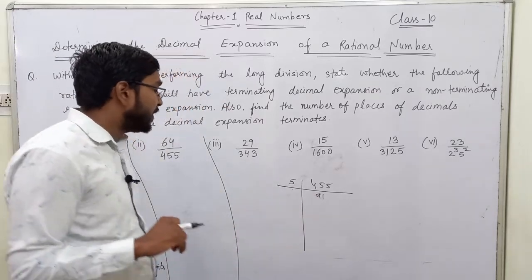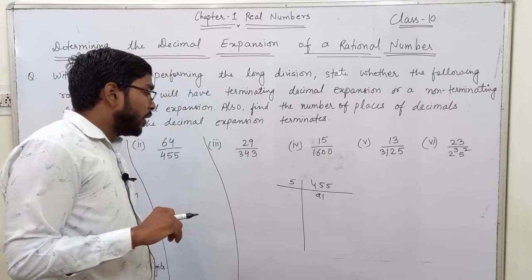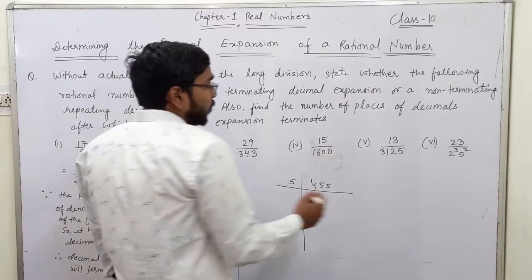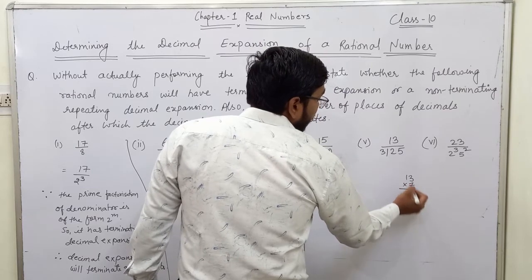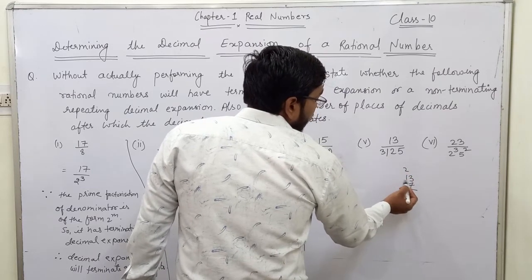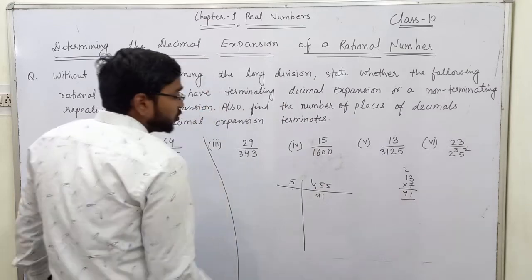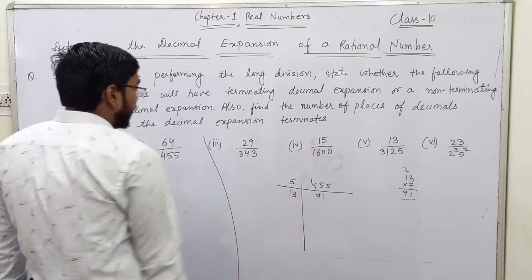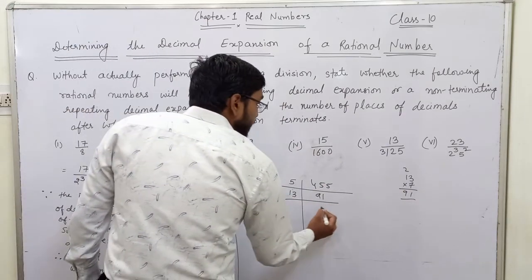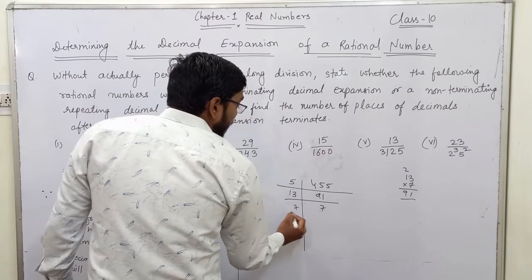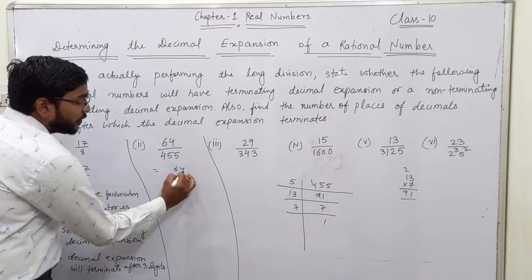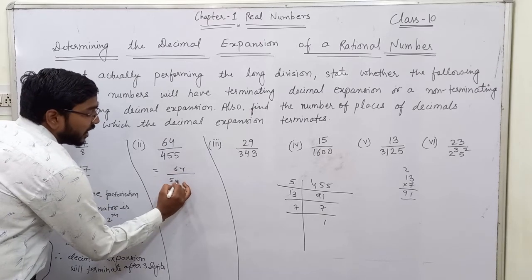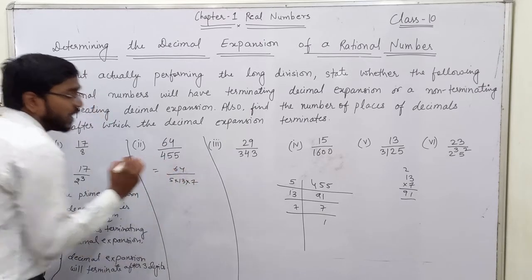I guess it is 13. 13 sevens is what? 91. So it is divisible by 13, and again it will be divisible by 7. So the prime factorization of 455 comes out to be 5 into 13 into 7.